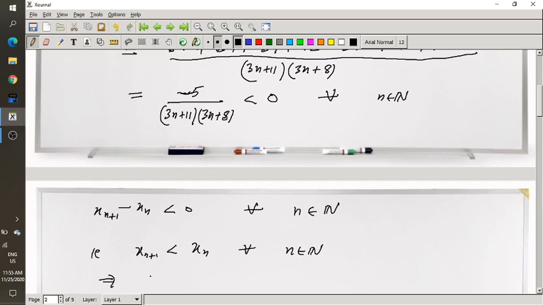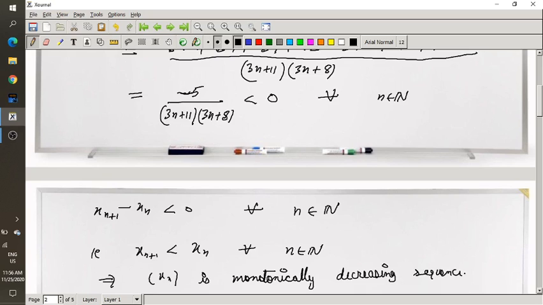This implies the sequence xn is a monotonically decreasing sequence, or we can say a strictly decreasing sequence.